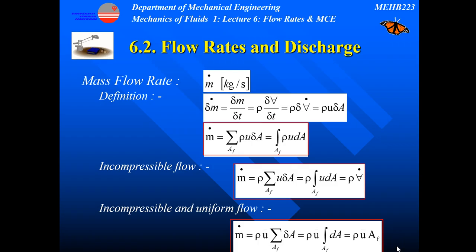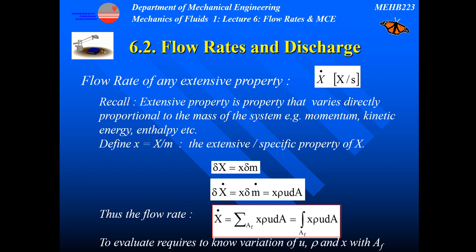You can also describe the flow rate for any extensive property. What is an extensive property? It's the property that varies directly proportional to the mass. Meaning that if mass is changed, this extensive property will change. Examples are momentum, kinetic energy, enthalpy.